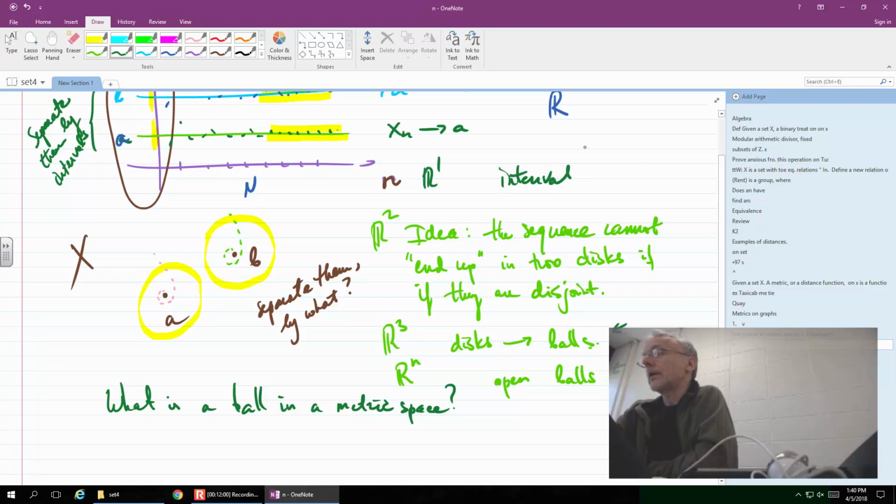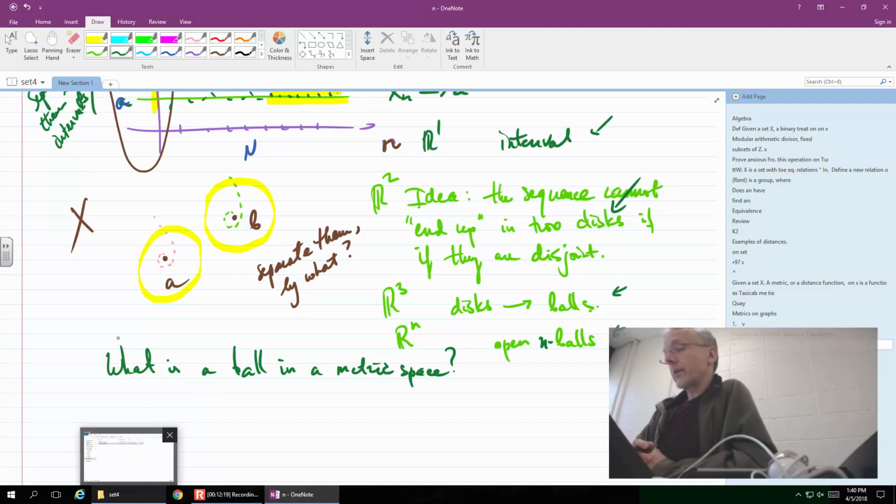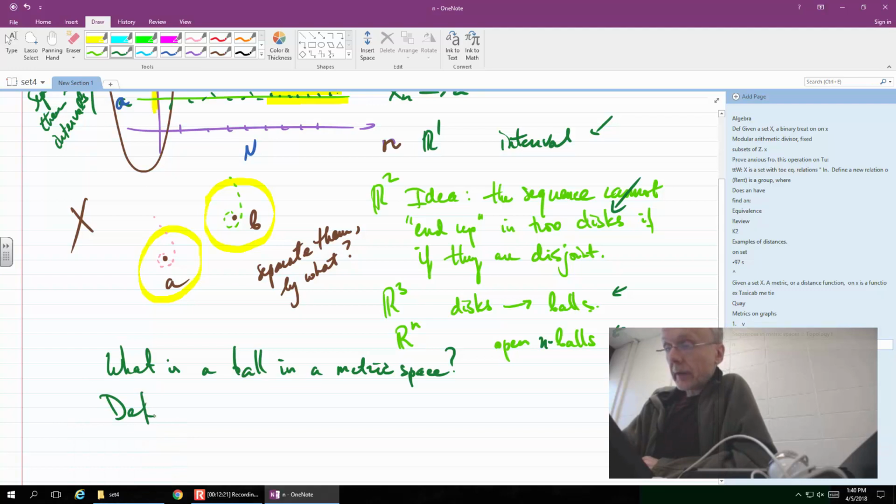So we are developing dimension 1 at a time, from interval to disk to ball to n-dimensional ball. What is it? It's everything that's less than a certain distance from that point. We'll just define it for our convenience. It will really help us out a lot if we define these balls.